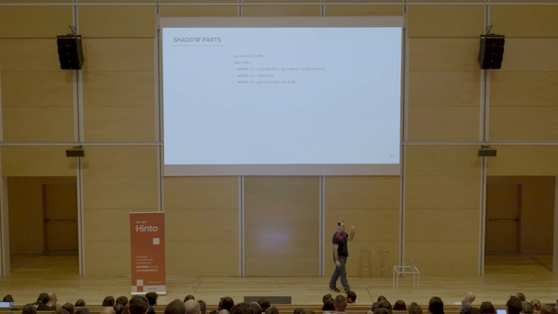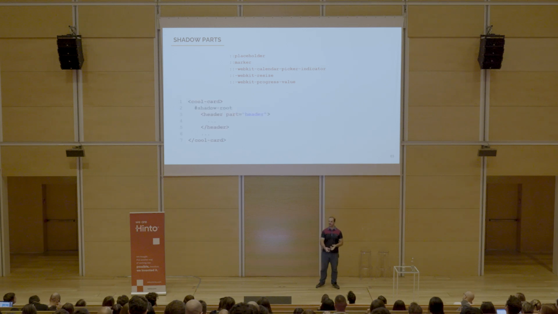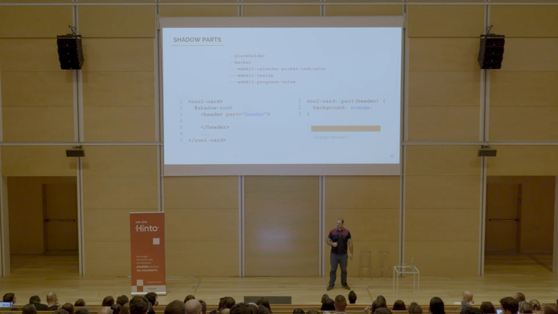If you can remember the pseudo elements, it takes inspiration from them, from placeholder, marker, and so on. We can create our own pseudo elements using the part attribute inside the element of the shadow root, so that we can style using the pseudo selector part, and again we can obtain our orange header for some reason.